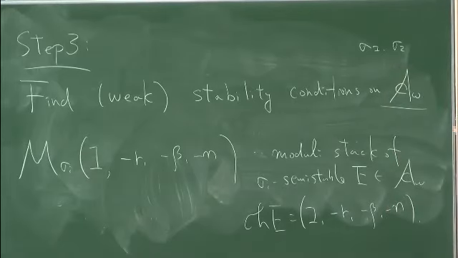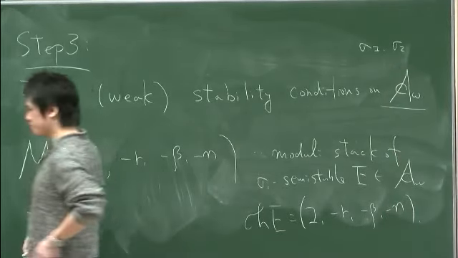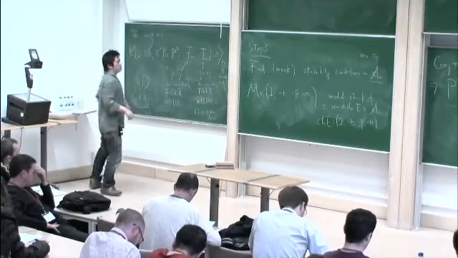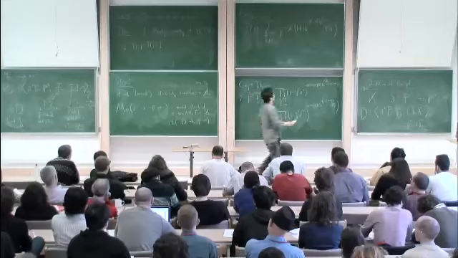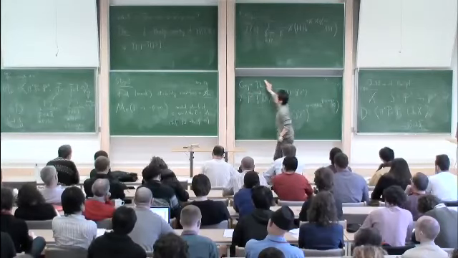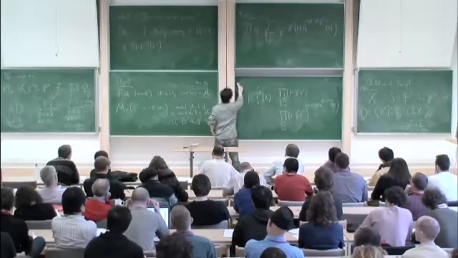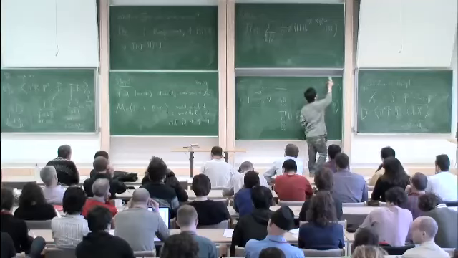The point is that I can find weak stability conditions on this abelian category so that if I choose some specific one, then this moduli space essentially coincides with the moduli space of stable pairs.